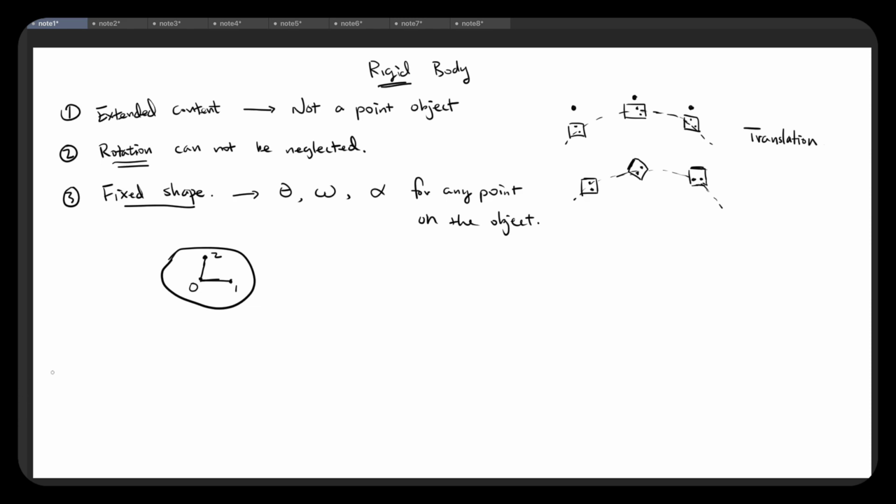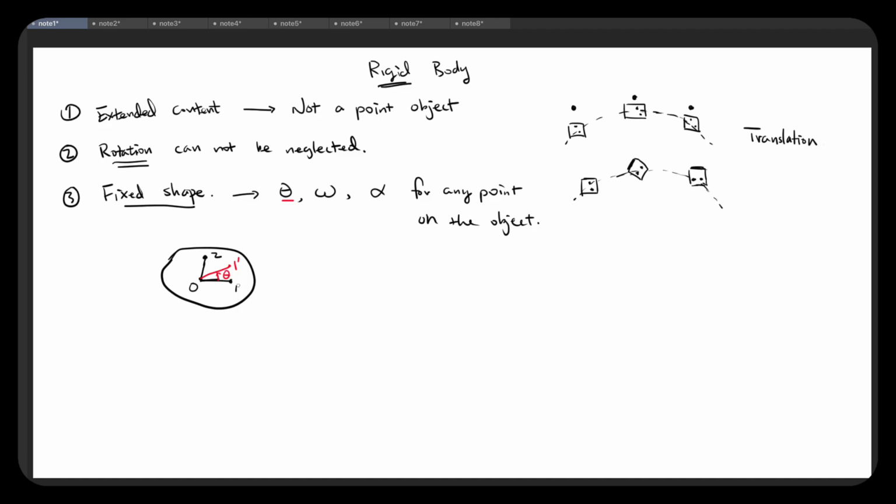Now let's see, if this object rotates by some angle, let's say theta angle, then I know that angle theta, so I can draw this new position for 1, I call it 1 prime, and the angle between them is theta.